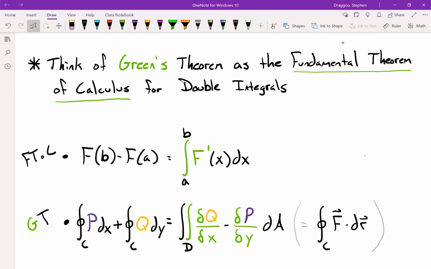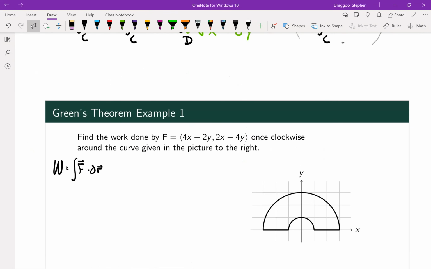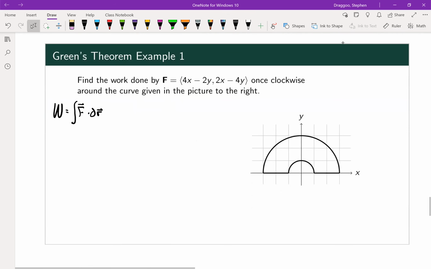And same thing here, we have some partial derivatives on the inside of the double integral, and go to just the original function f being on the inside of that single line integral. Oh yeah, so that's Green's theorem. Let's see what happens if we try an example with it.